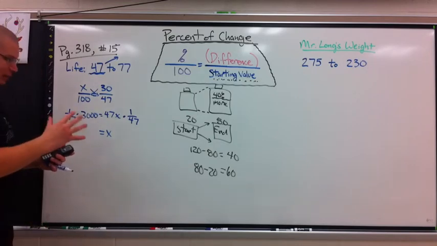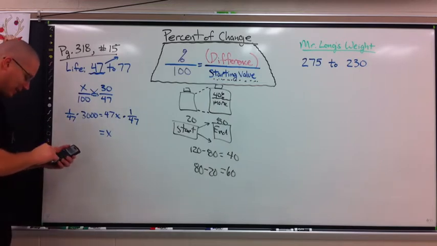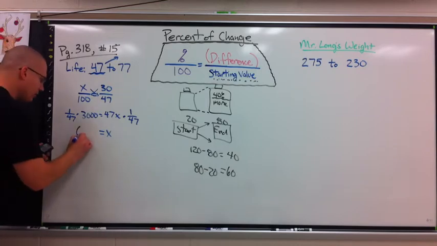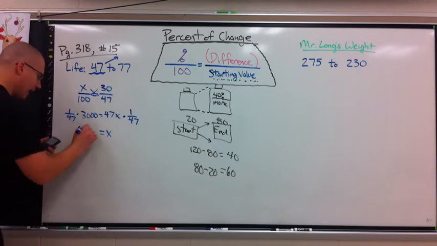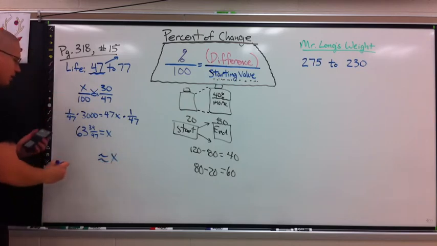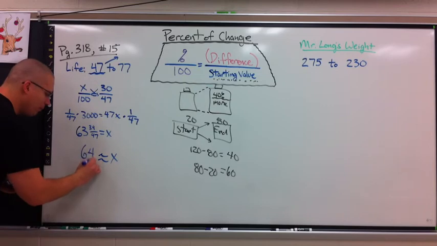So even if I get a mixed number or a decimal, I'm going to round it. 1 over 47 times 3,000 equals 63 and 39 over 47. Round is a wavy equal sign. X equals, 39 is close to 47, 64%.